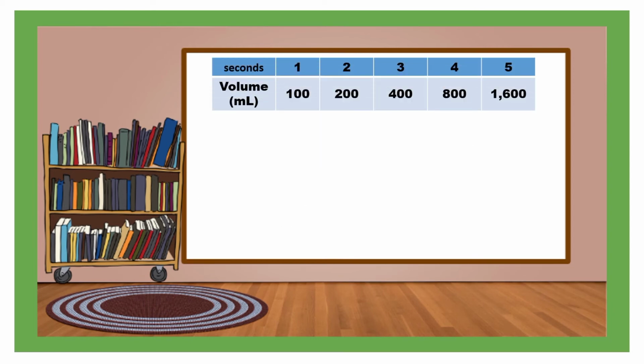The table now has 100, 200, 400, 800, and 1,600 milliliters.